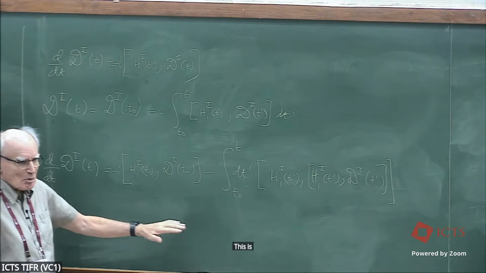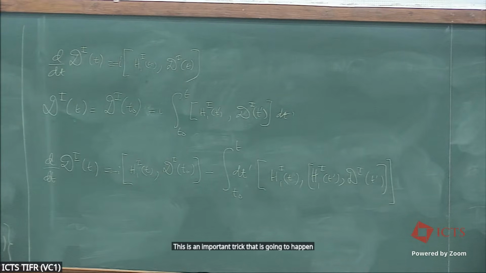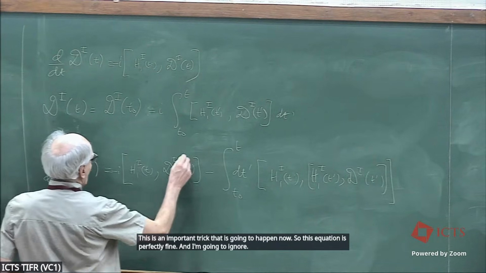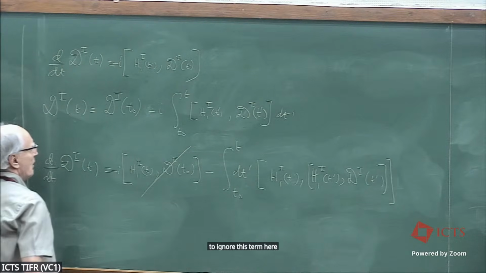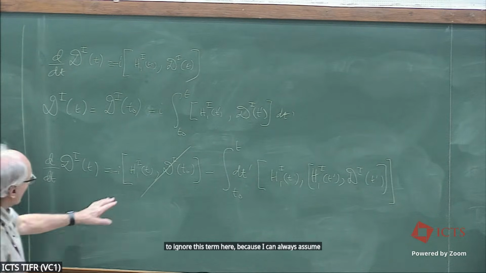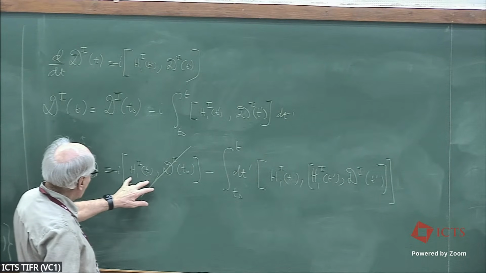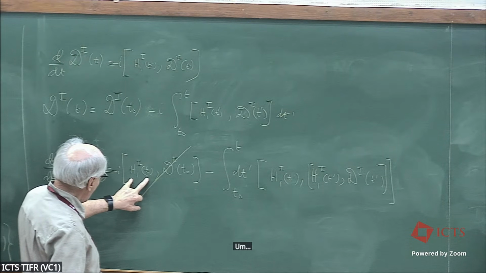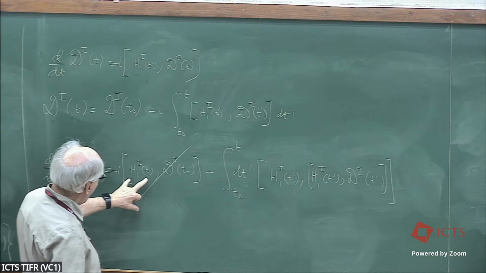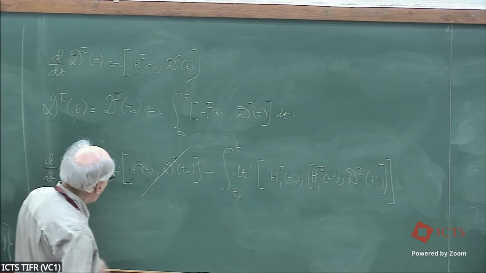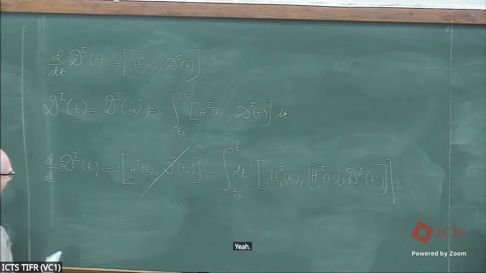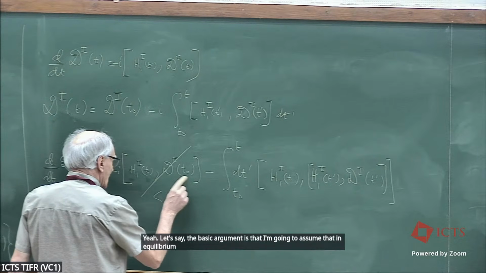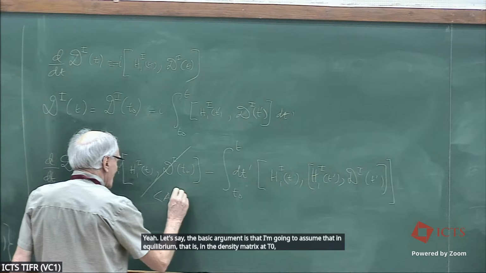This is an important trick that is going to happen now. So this equation is perfectly fine, and I am going to ignore this term here because I can always assume that, let's say the basic argument is that I'm going to assume that in equilibrium, that is in the density matrix at t0, the average value of A0 is 0.